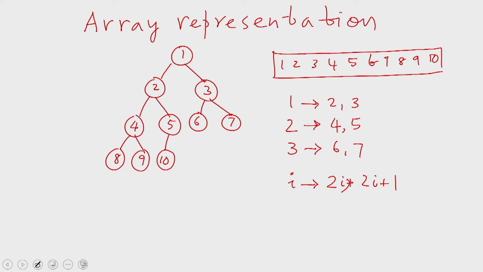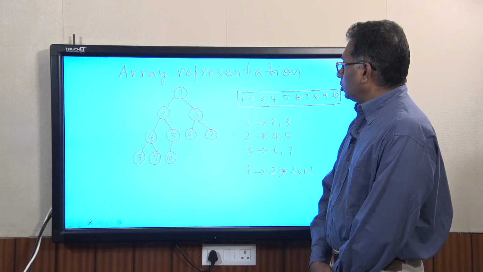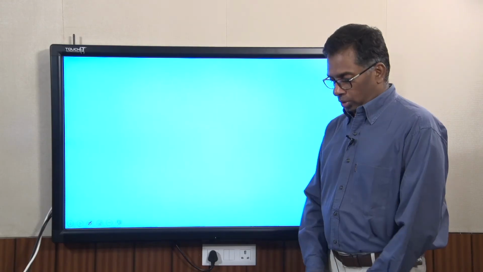The left child of node i is 2i and the right child of node i is 2i plus 1. So, this is the array representation of a binary tree. Given an input, we can assume that there is an array representation on top of that input.